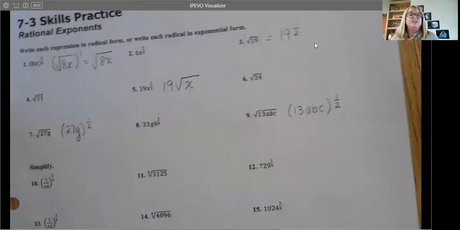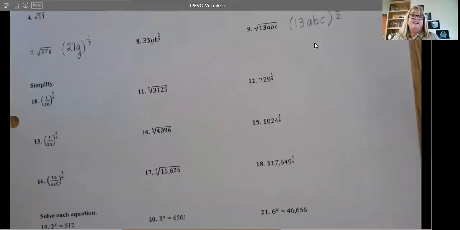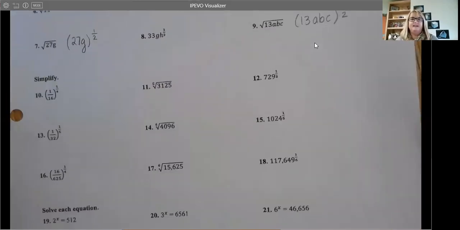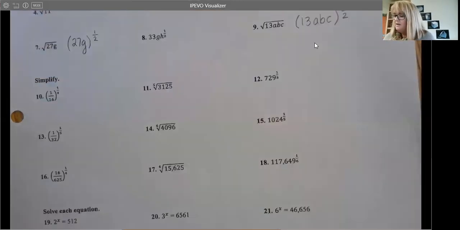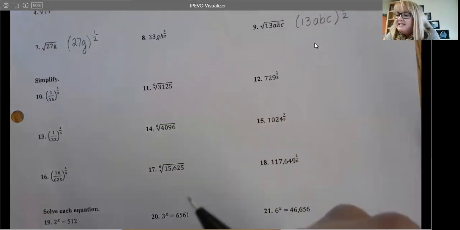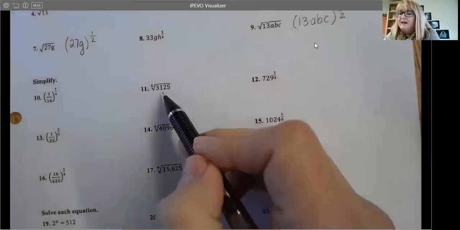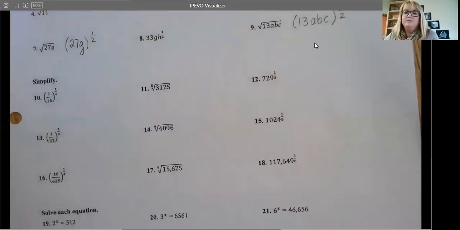All right, let's look at the second part, which is simplify. You may use a calculator for this. I don't mind it. So I've got my calculator ready to go. So simplify number 11. This is the 5th root of 3,125.